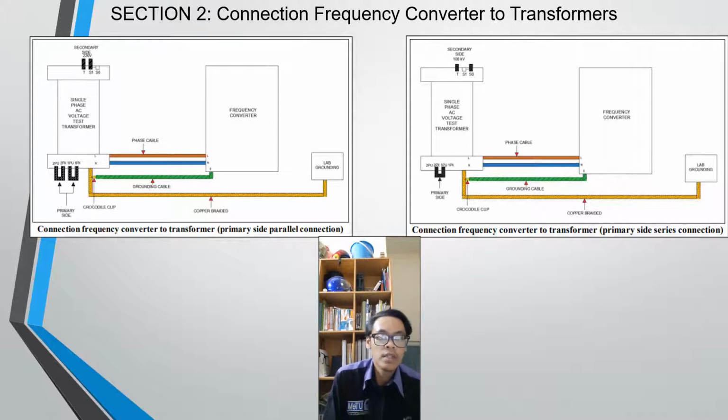The secondary side will generate the potential difference from point T to point S1, which is also equal to 220 volt. To generate high voltage, the primary side should be connected in series, which is connecting 2 PX to 1 PU. When 2 PX and 1 PU are connected, the primary side will become 2 times 220 volt, which is equal to 440 volt. The secondary side will generate the potential difference from point T to point SO, which is equal to 100 kV.